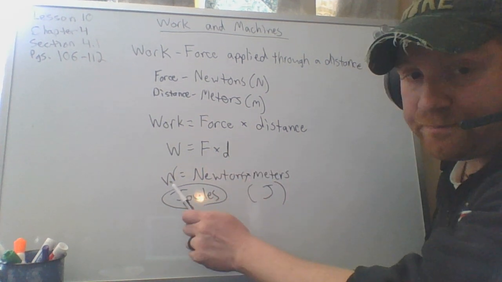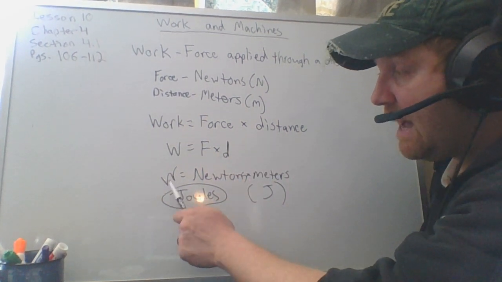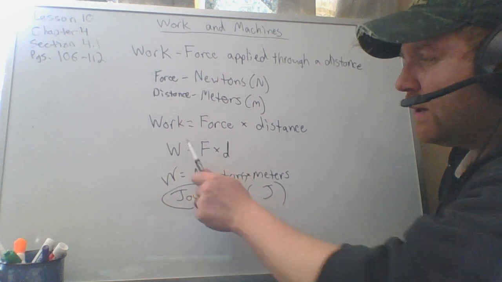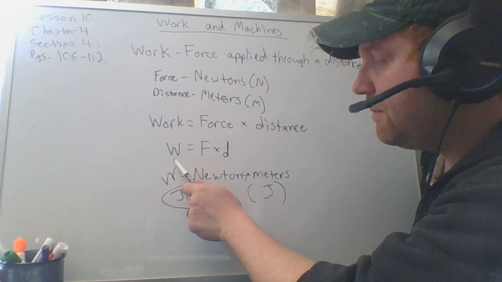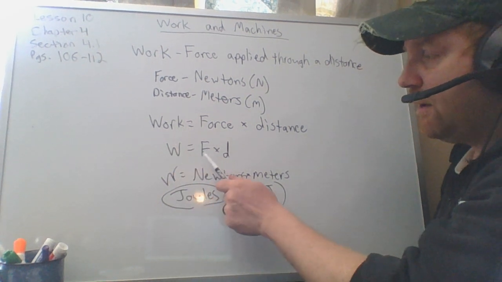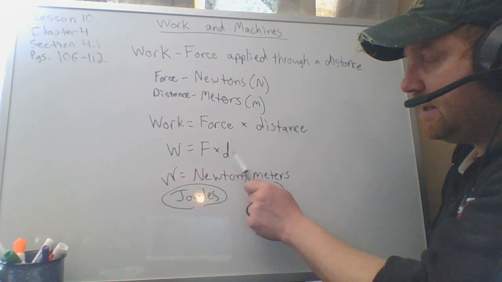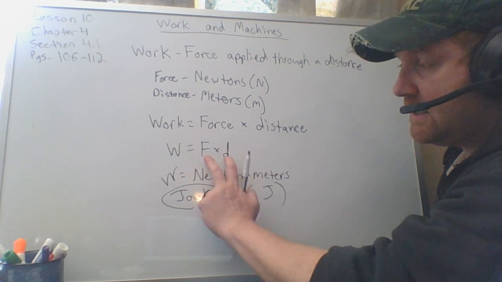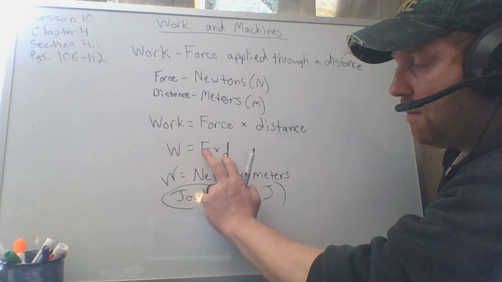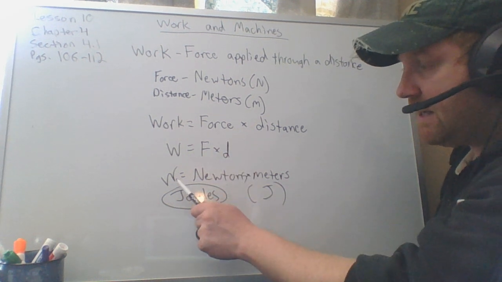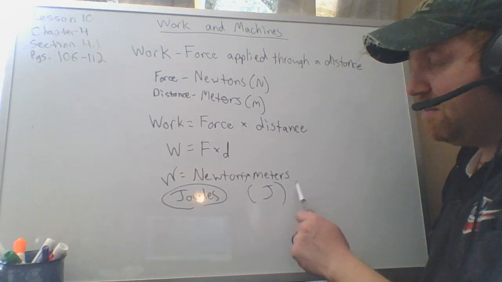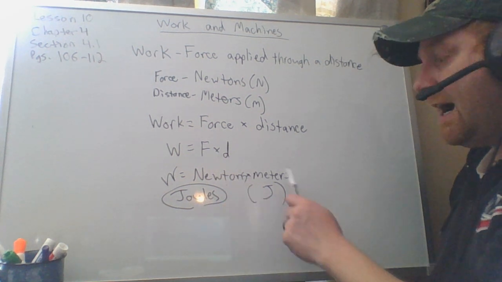Now, what would the unit for work be? If force is measured in newtons and distance in meters, since these two are multiplied, work equals newton meters, or newtons times meters.